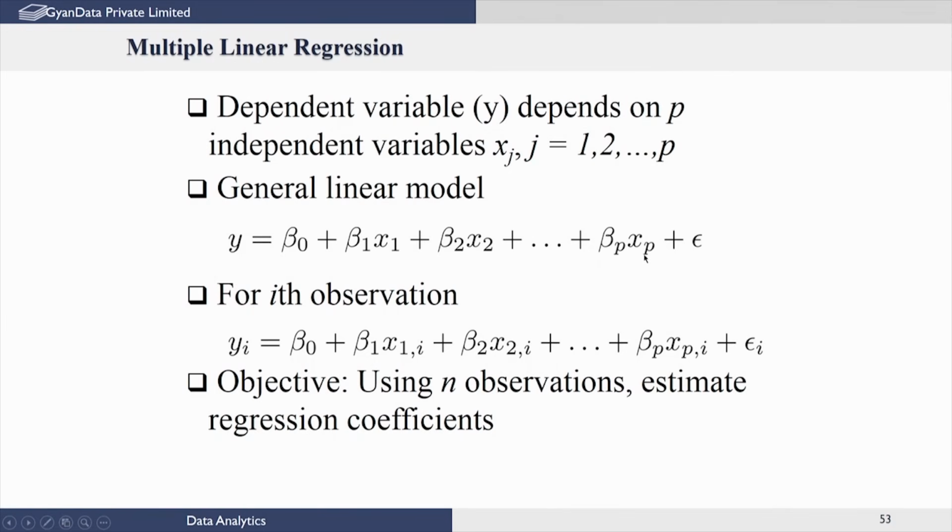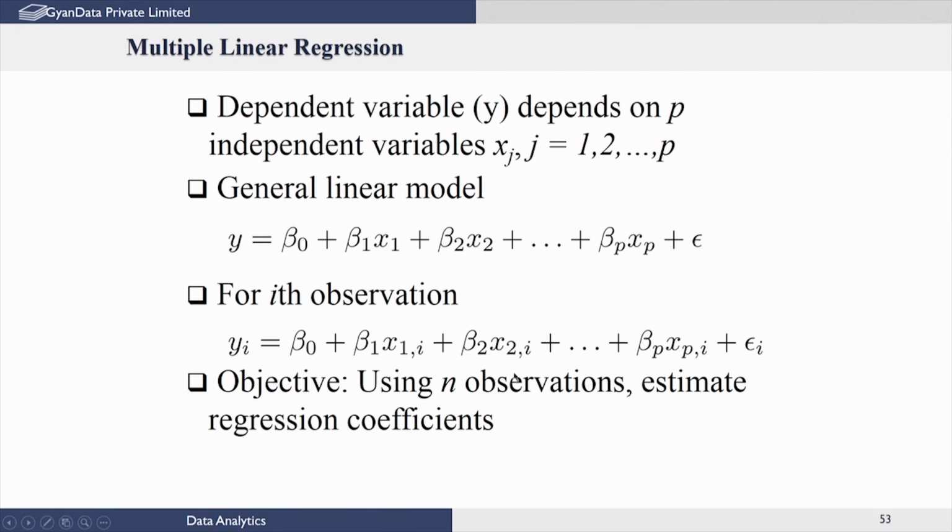If we take the ith sample corresponding to this measurement of x1 to xp and corresponding y, we can say that the ith sample dependent variable yi is equal to beta naught plus beta 1 x1i, the ith sample value of the independent variable 1. Similarly beta 2 times x2i, where x2i represents the value of the second independent variable for the ith sample, and so on, plus an error epsilon i that corrupts the measurement of yi, and so on for i equals 1 to n.